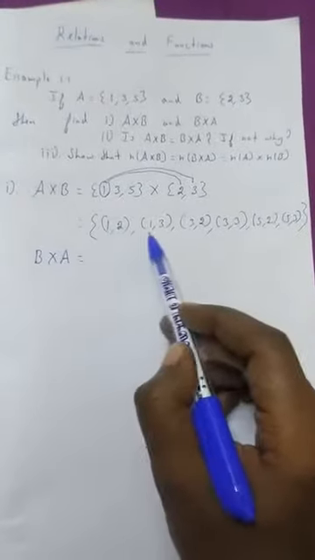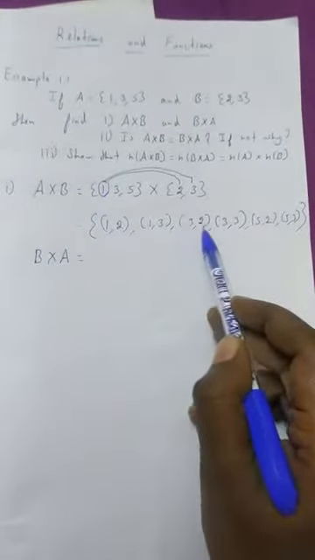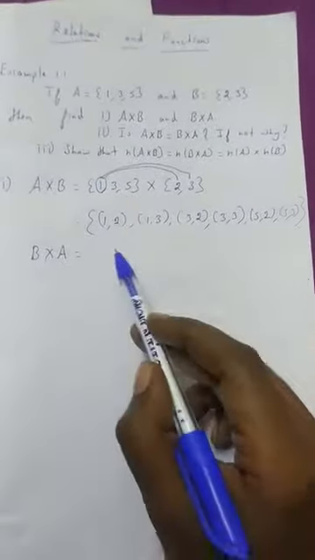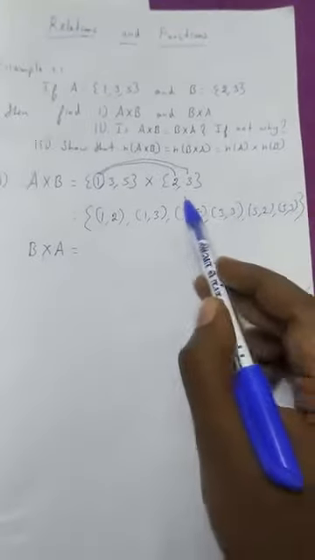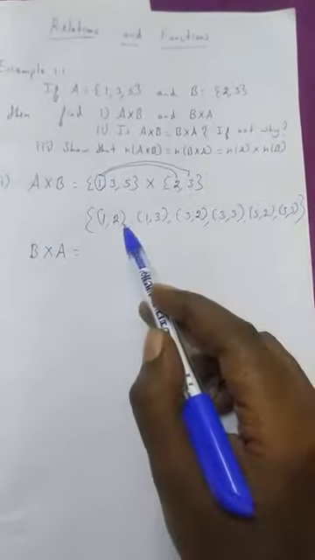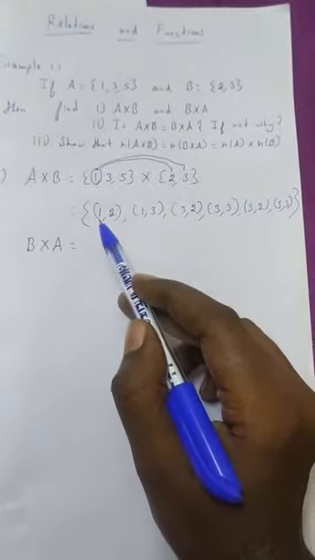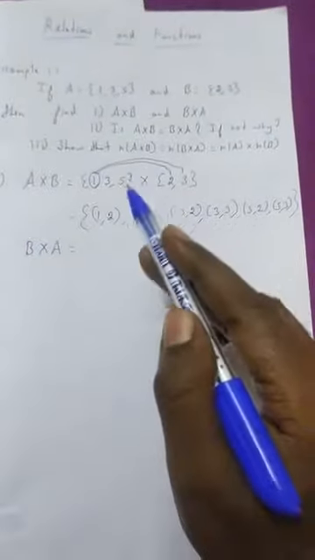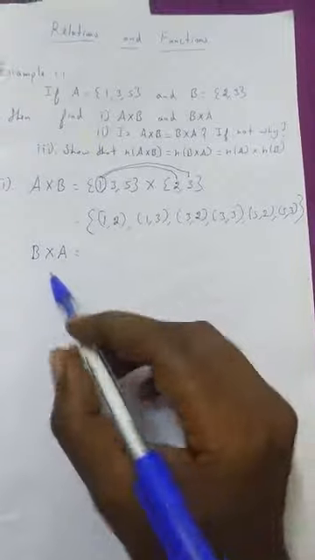If you see the first elements here, 1, 1, they belong to set A; 3, 3 belong to set A; 5, 5 belong to set A. And the second elements, 2, 3, 2, 3, 2, 3, belong to set B. So from this we can conclude the first element of an ordered pair belongs to the first set and the second element of an ordered pair belongs to the second set. That is the difference here.